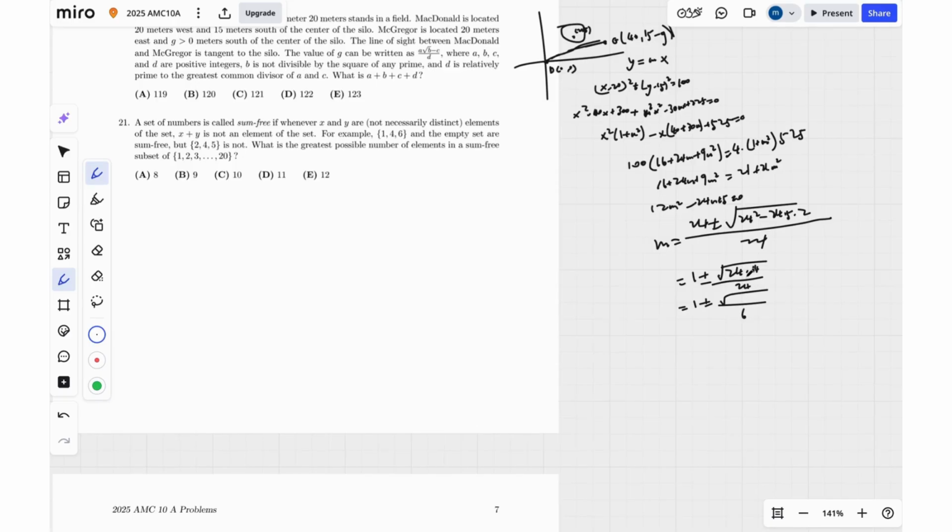We divide out 16 from the top to get 21. We notice that g is positive, so we want the lesser solution of m. So now this is a slope, and this is a slope, so it's also equal to the rise, which is 15 minus g, over 40, which is the run.